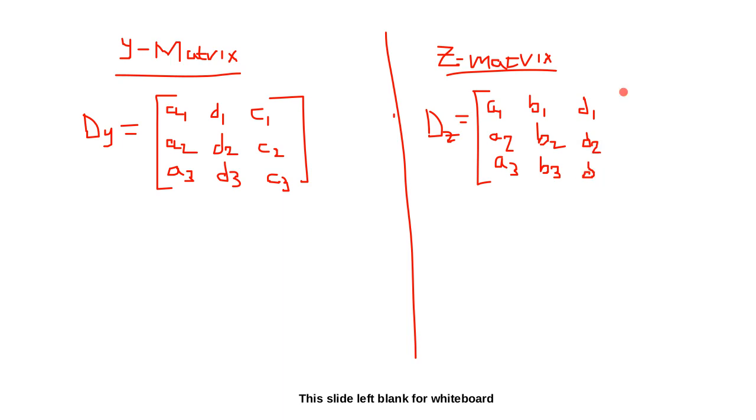Then now remember, we will be using the Cramer's rule to solve the equation. So we need to get the value of x. So to get the value of x, x will be equal to dx, that is the determinant of the x matrix, divided by d, the determinant of the coefficient matrix.